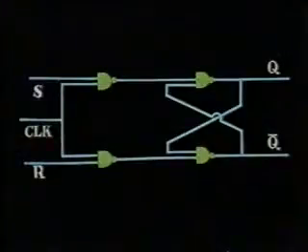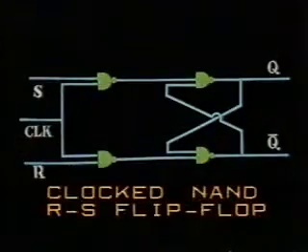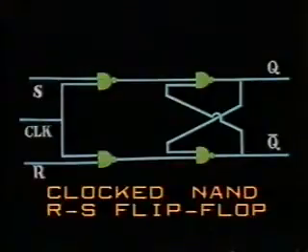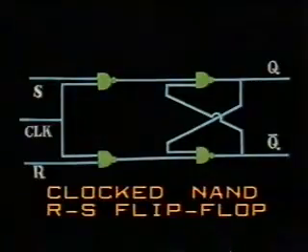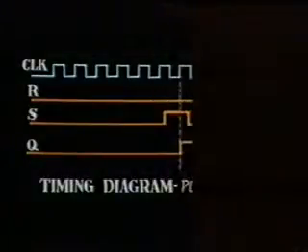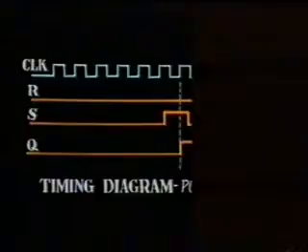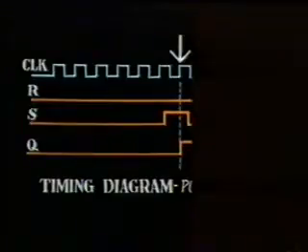This is a clocked NAND RS flip-flop. It has an additional input, the clock input. The signals of this flip-flop with respect to time are shown in the timing diagram. Now, when clock is at 1, R is at 0, S is at 1, Q goes from 0 to 1.